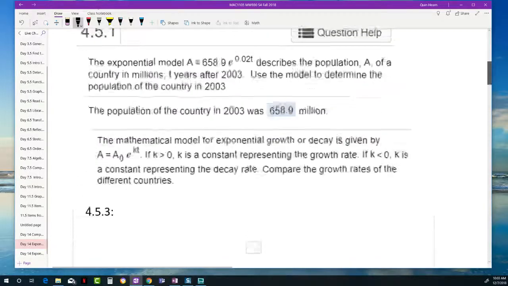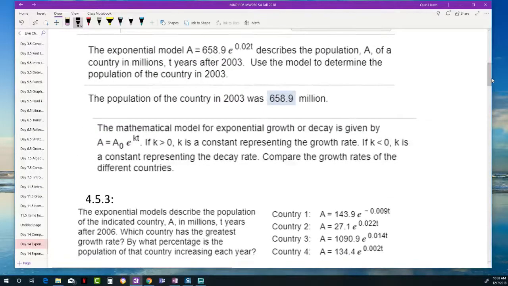So this follows a pattern of an exponential model for exponential growth or decay. So exponential growth would be like populations. They get bigger over time. Decay, well, I mean, obviously populations can decline, but usually they tend to increase.